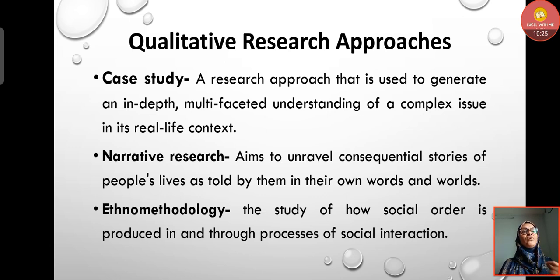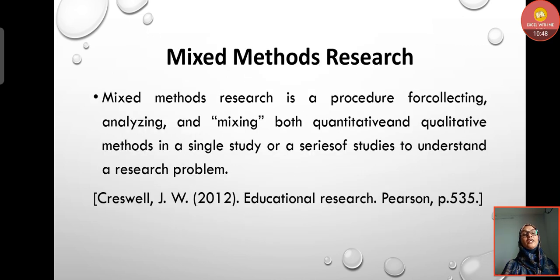Then ethnomethodology, the study of how social order is produced in and through the process of social interaction. Ethnographic research is related to the people. Now, ethnomethodology is how social order is produced through the process of social interaction. They will search about those related problems.